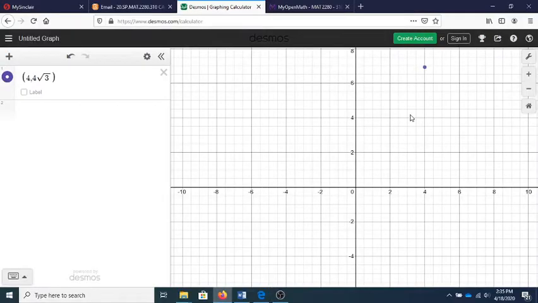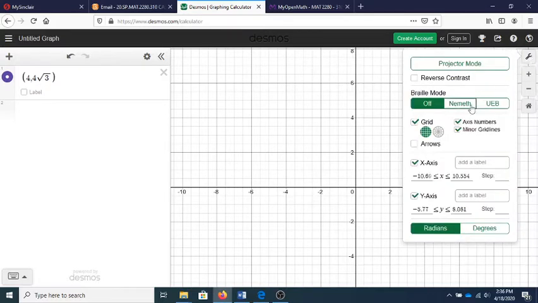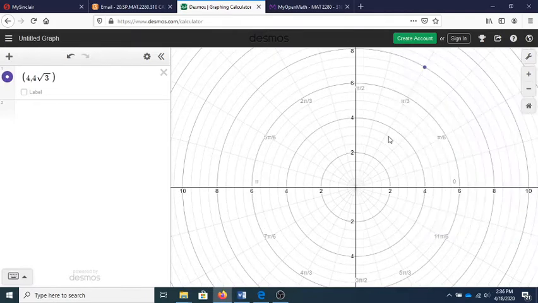In Desmos, if you click on this little wrench on the right hand side, you can tell it to change the grid from a rectangular grid to a polar grid. If I do that, here's the circle that's 8 units out from the origin, and if I follow that circle, I'm on the line that corresponds to an angle of pi over 3.